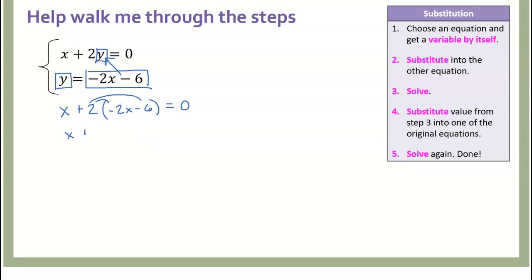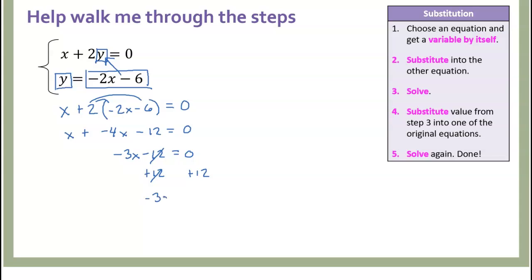We get x plus 2 times negative 2x is negative 4x. 2 times negative 6 is negative 12. This equals 0. We'll combine like terms. 1 minus 4 is going to be negative 3x. Bring everything else down. We add 12 to both sides. We're getting x by itself.